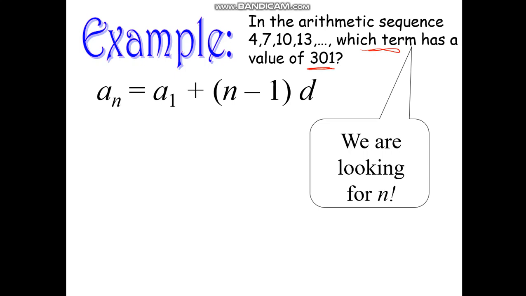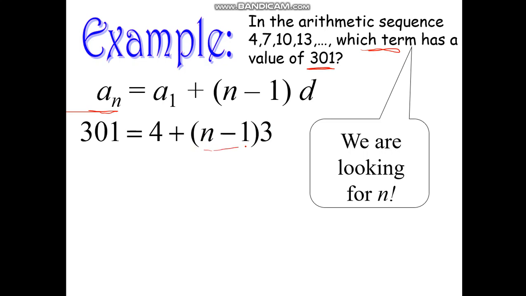We start with our formula again, and I don't know what n is, but I know the answer is 301. That's the term at the place I'm looking for. The first number is 4. I don't know n, but I know d. Now my next step after this, I need to distribute the 3 across the parentheses, because parentheses is next, so I need to get rid of those.